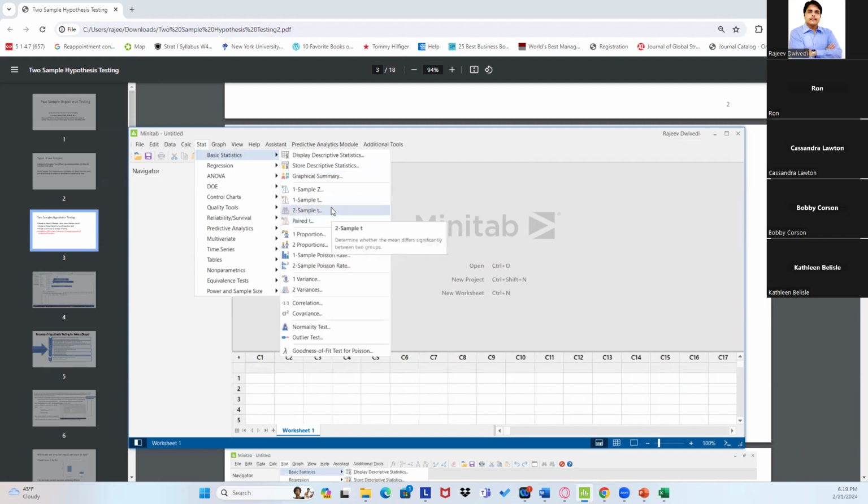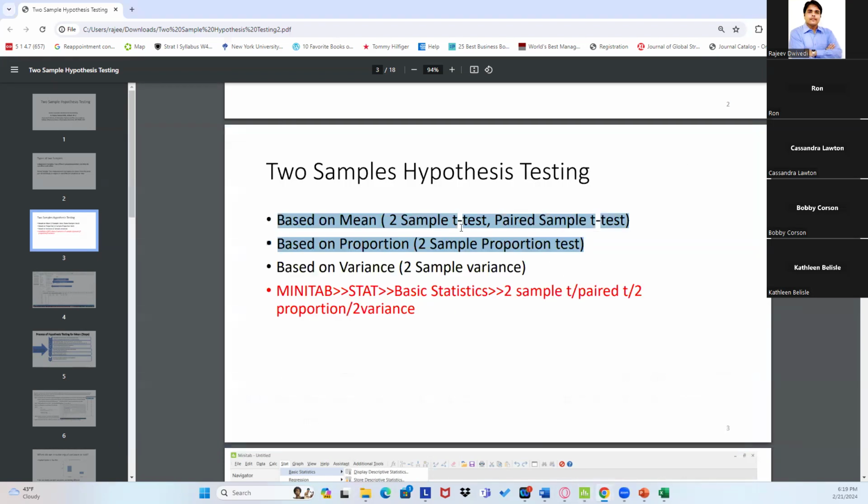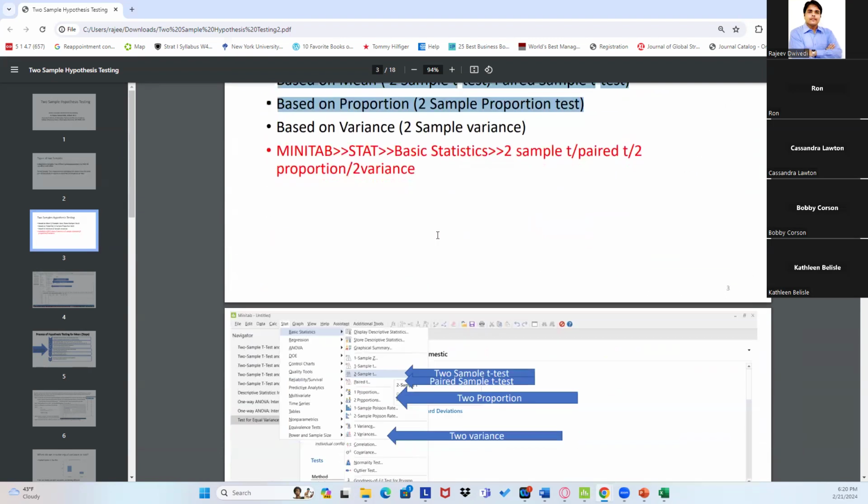So when do we use the two sample t-test? When you have two independent sets of samples, and paired when you have the same situation before, after, or based on the same thing. Here you can also do two proportions and two variances. This PDF slide you can get at the end of the module.